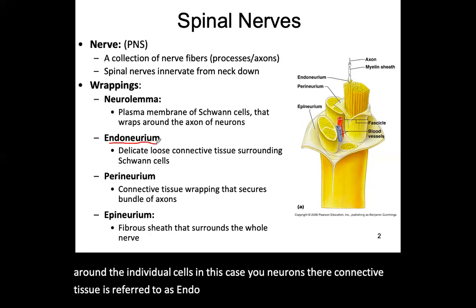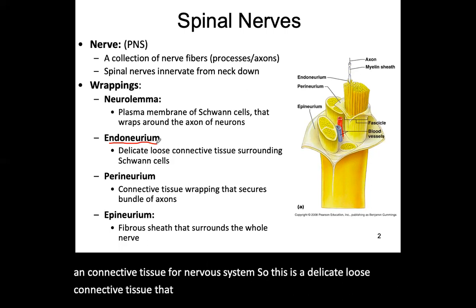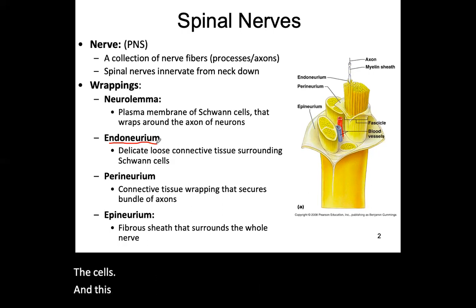Again, endo implies inside, and neurium is the connective tissue for the nervous system. This is a delicate, loose connective tissue that is wrapped around the cells, covering the peripheral nervous system neurons on top of what we identified as Schwann cells.